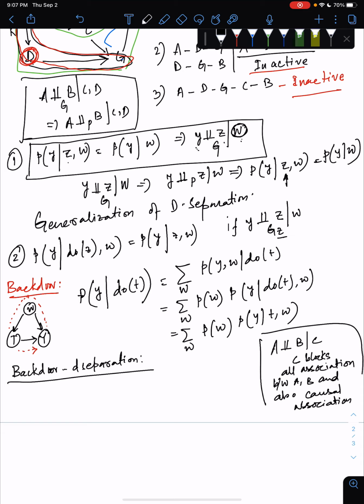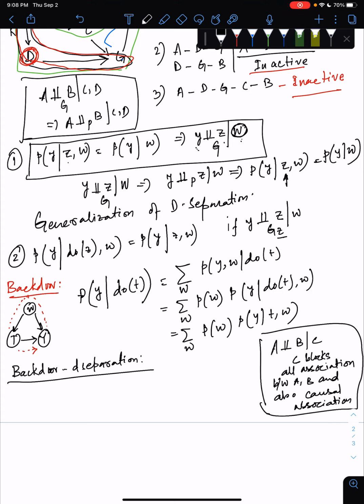In this particular case, W is only able to block the spurious association between T and Y. The causal association is still there.